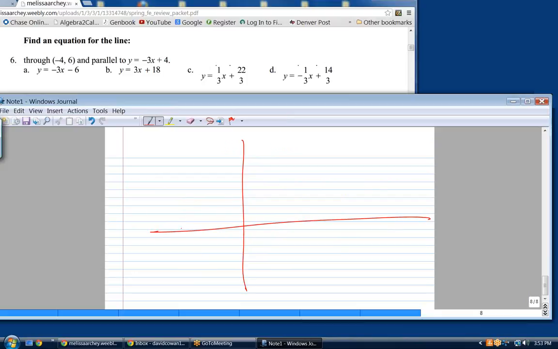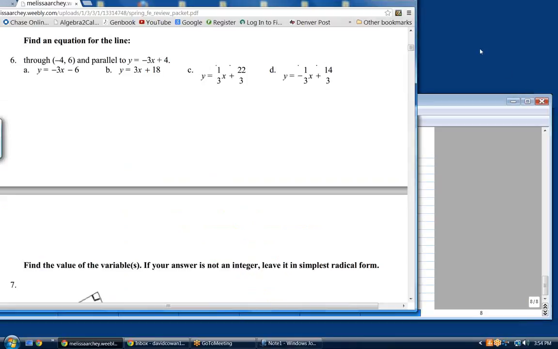It goes through this point right here. If it goes through this point and has a slope of -3, there's only one line it can possibly be. There aren't two others. So whatever the equation of this line is, that's the equation we're looking for. Remember that with linear equations, if you have a slope and you go through a point, there is only one possible answer.